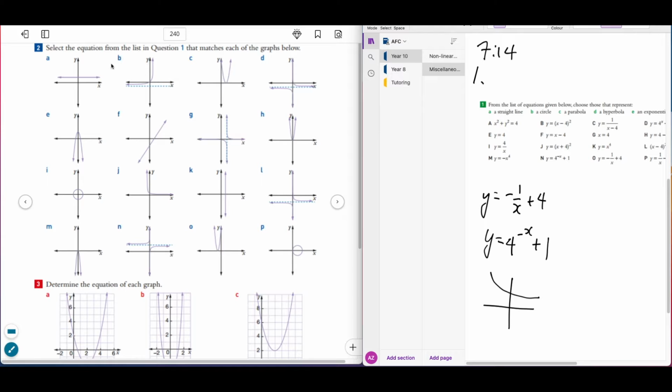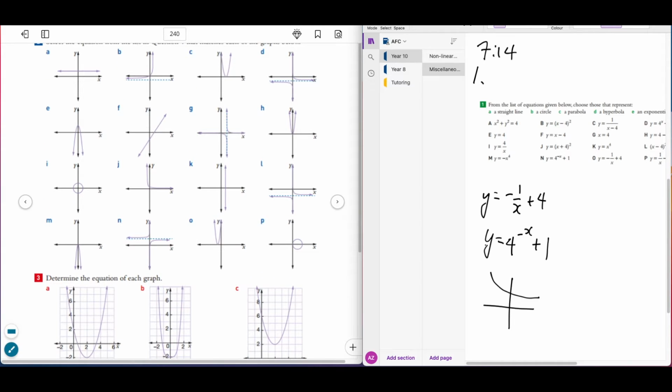So B is an exponential, J is an exponential. Is that it? Okay, I think it's probably J just because it looks closer to the actual graph. But I think that neither B nor J is technically correct, but J is the closer looking one, so I'm going to pick J.